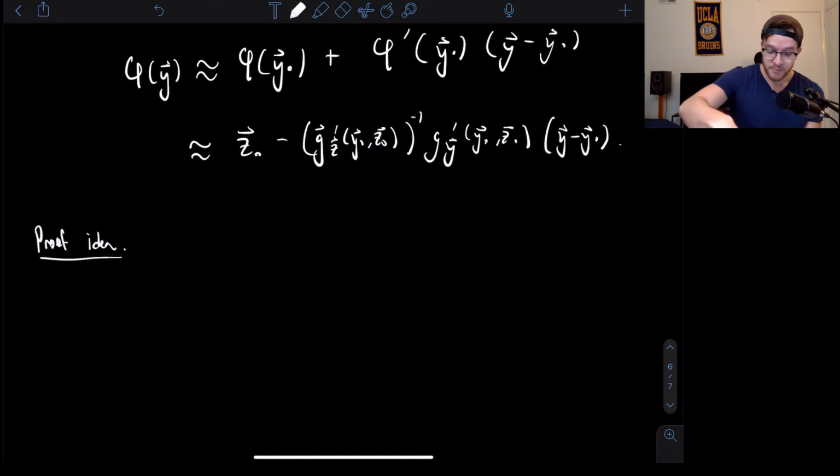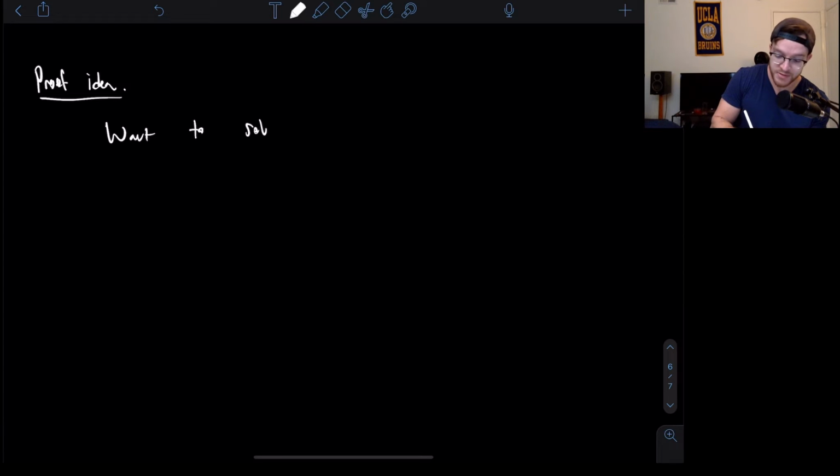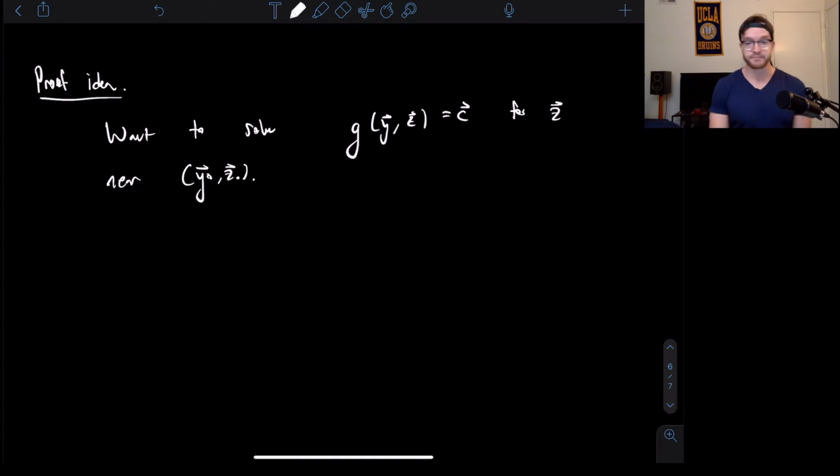Okay, so what we're trying to do is solve this equation for z in terms of y, or rather for z near my given point y naught, z naught. G is probably nonlinear, probably has some crazy equations, don't know what to do.